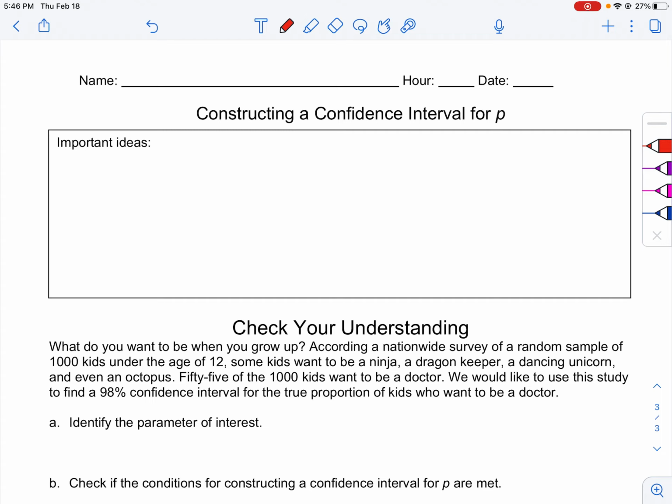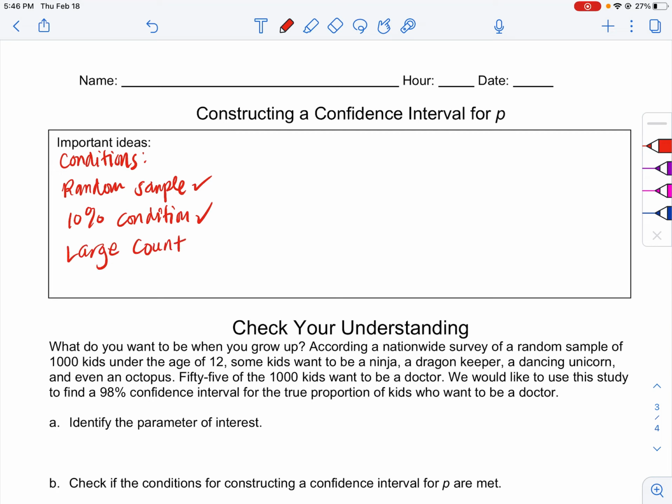What did we learn? We learned to check 3 different conditions, right? We learned to check conditions. The first condition is is it a random sample? Second condition is did it pass the 10% condition? And then large count condition, is it normal? Okay? And then we're going to our critical value.